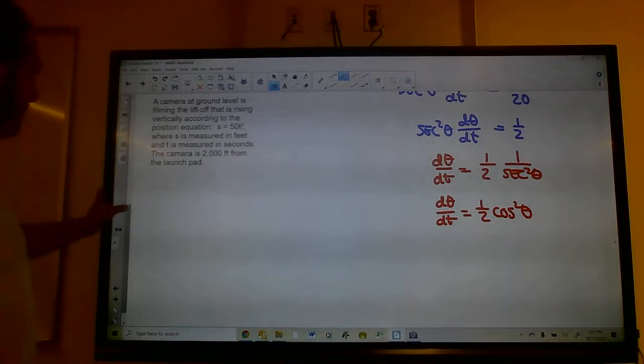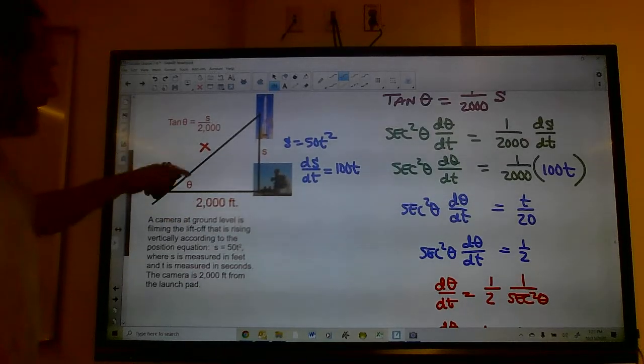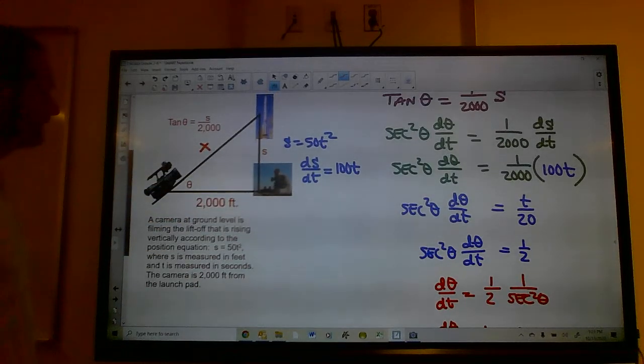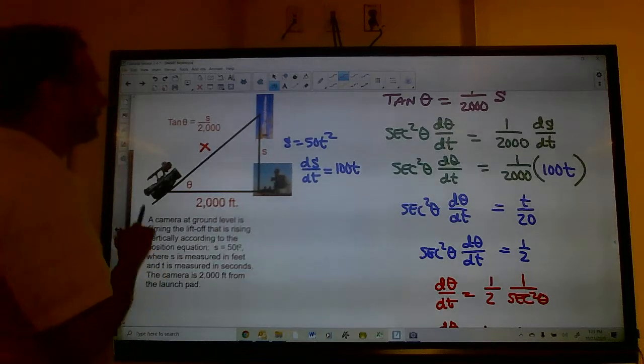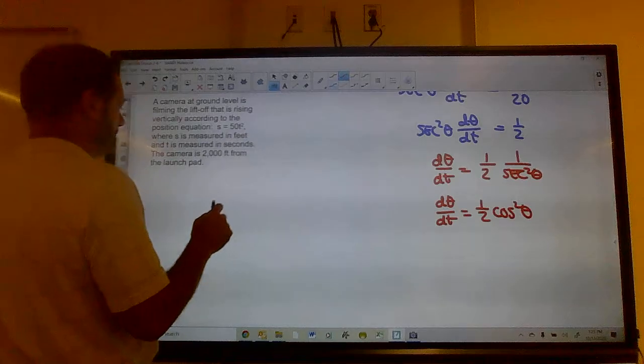Oh, cosine. So we got to figure out what cosine is. So the cosine would be the adjacent over the hypotenuse, which we don't know what the hypotenuse is yet. So we're going to use the Pythagorean theorem to figure that out.